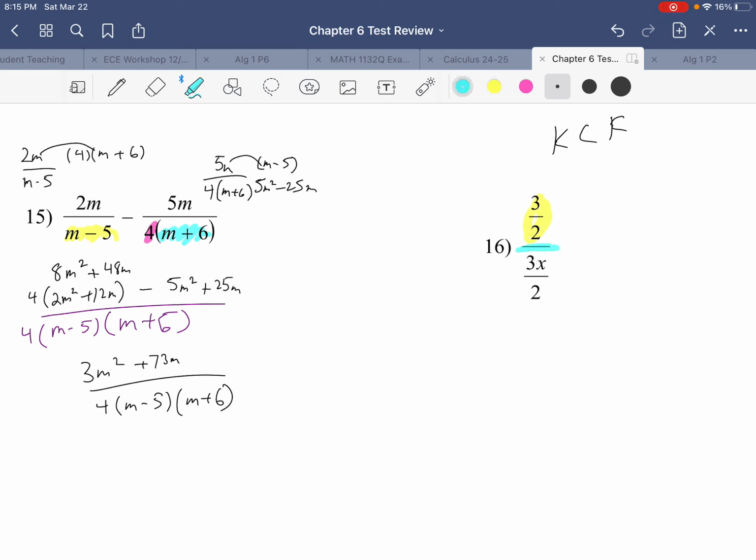We're gonna change the division to multiplication. And then we're gonna flip, or multiply by the reciprocal, for the fraction or the rational expression that we're dividing by. So 2 over 3x. This will be equal to 1 over x.